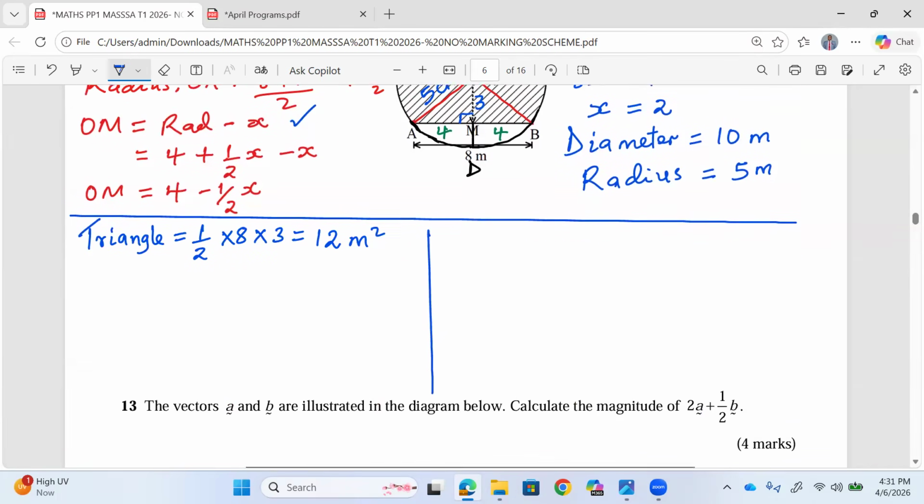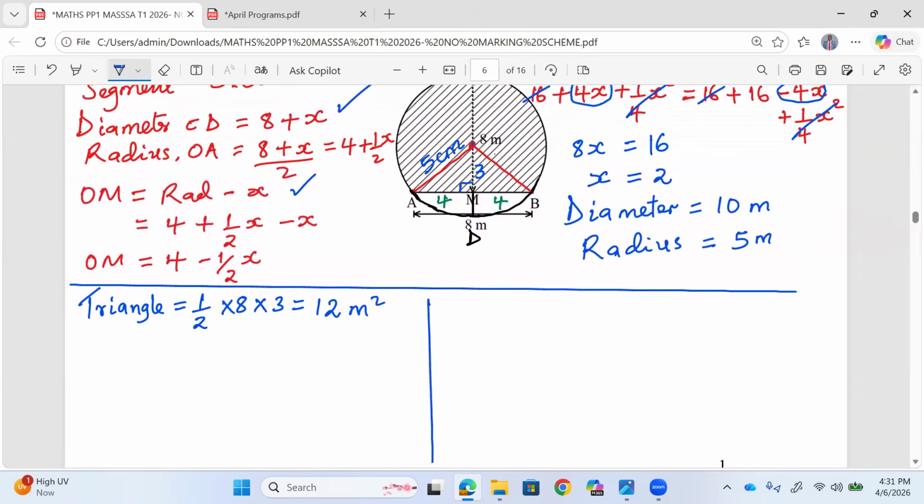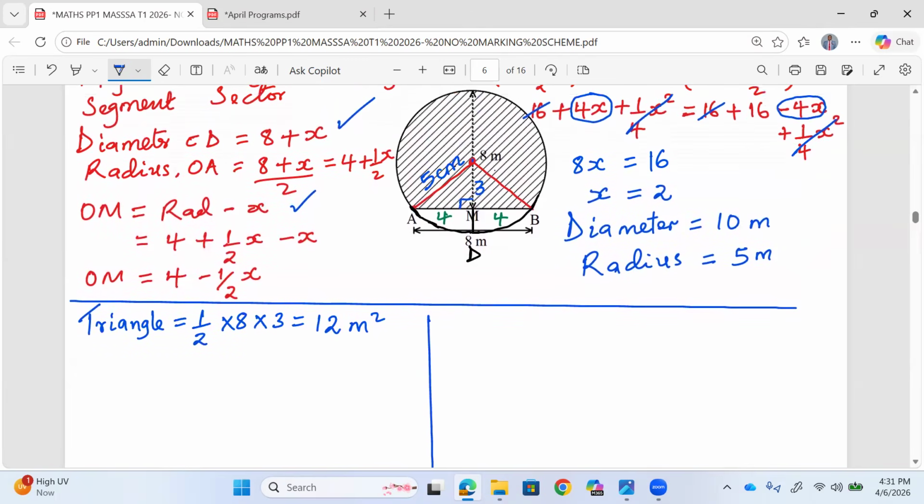Now for us to work out the major sector, we need the angles. Angles can be found through many methods. We can use trigonometry. We can use the area of the triangle because this is 5 and this is also 5, and we need the angle at the center here.